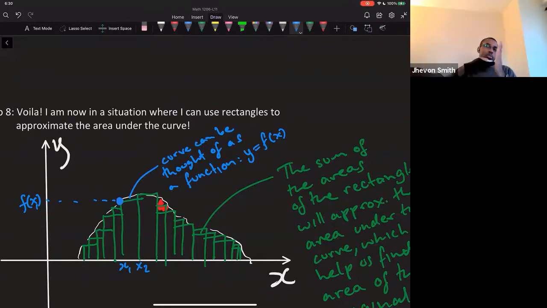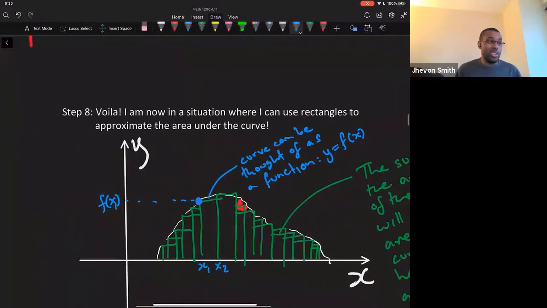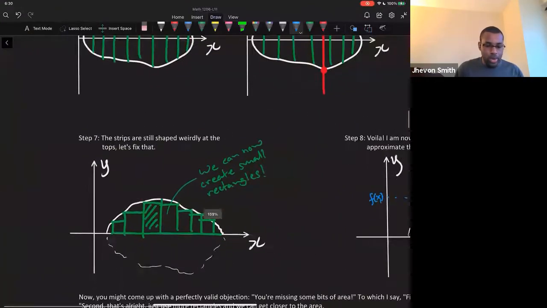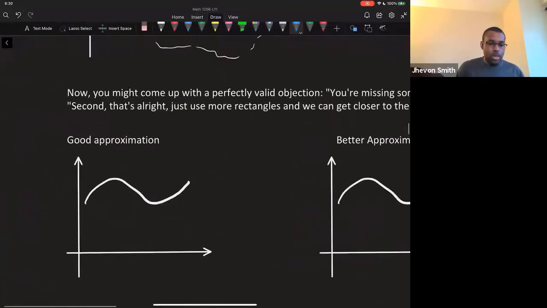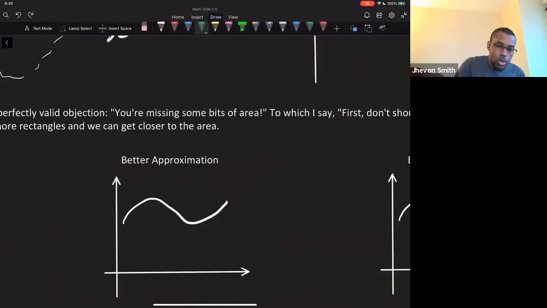The width is controlled by the x values that I sliced up the x-axis into, and the height is given by this function. So I can know both the width and the height of a rectangle and use that to find the area. So a function can track the height of the rectangles for me, and that's pretty nice. And so now we get into this idea that the area under a curve is what we need to figure out in order to find the area of some random shape in a sophisticated way. And we can use rectangles to accomplish this.